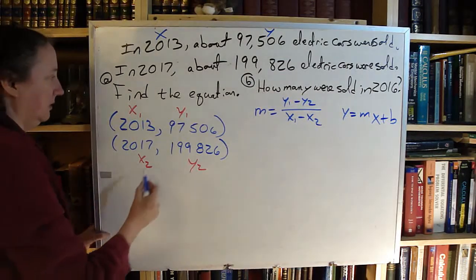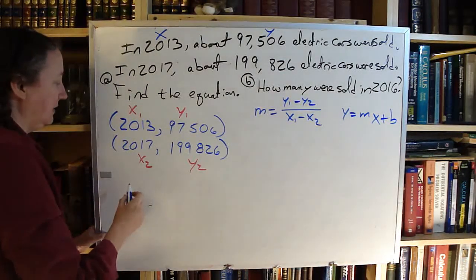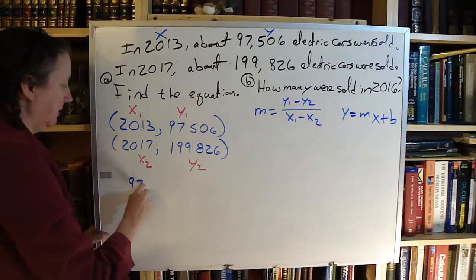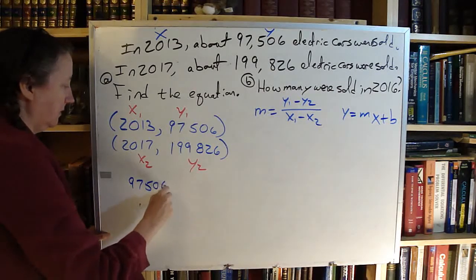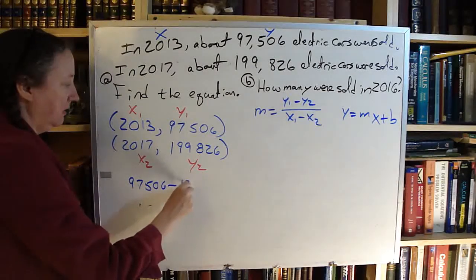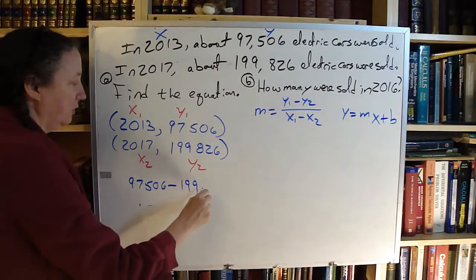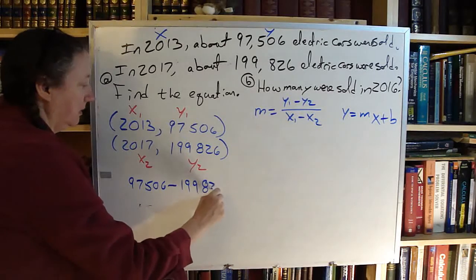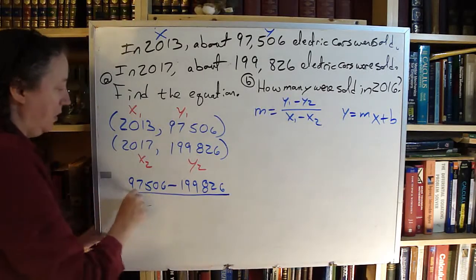y1 minus y2: 97,506 minus 199,826, all over x1 minus x2.